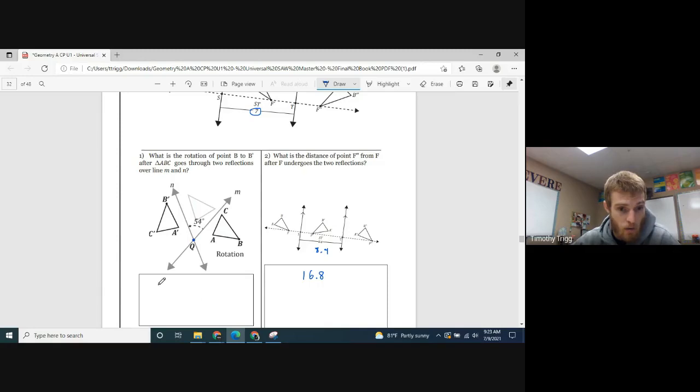It would be a rotation, that's lowercase r, of double whatever this is. This is 54 degrees, so it would be double that, 108 degrees, comma, and then the center of rotation, which is Q. Then we say triangle ABC. So we do this rotation of 108 degrees around point Q on triangle ABC, and you get triangle A prime B prime C prime.